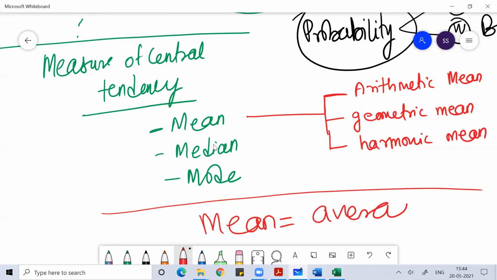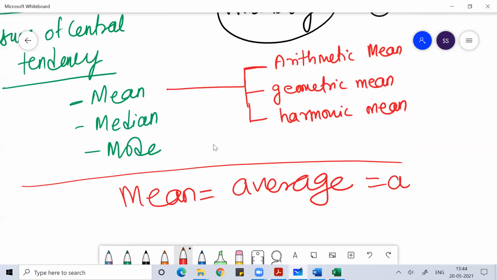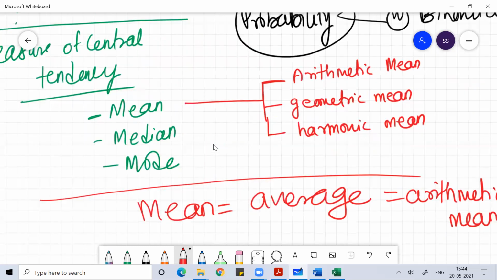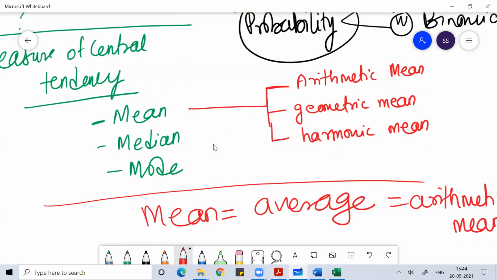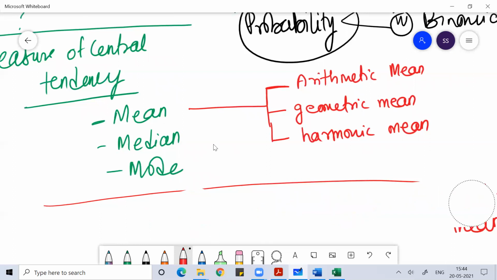So when we say mean, average, or arithmetic mean, that is what is used in day-to-day life, where people assume they all mean the same thing, but in the language of statistics, they are different things. Many textbooks and 10th, 11th standard aptitude problems treat mean, arithmetic mean, and average as the same.